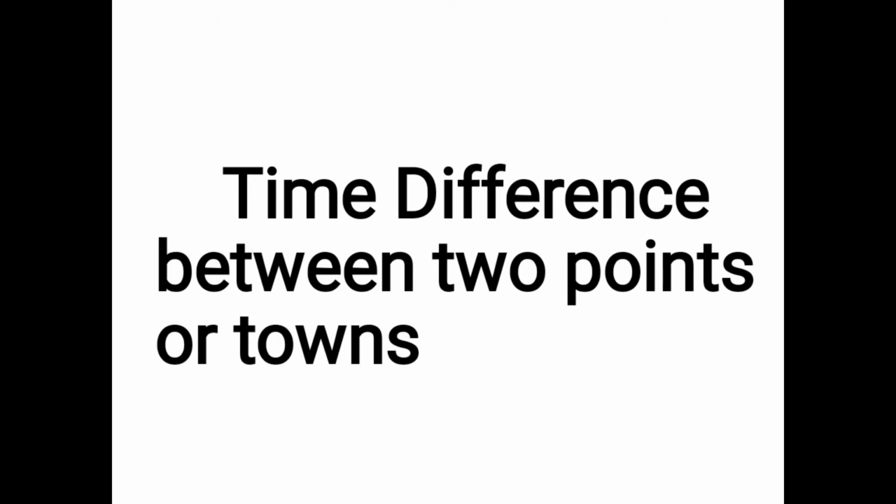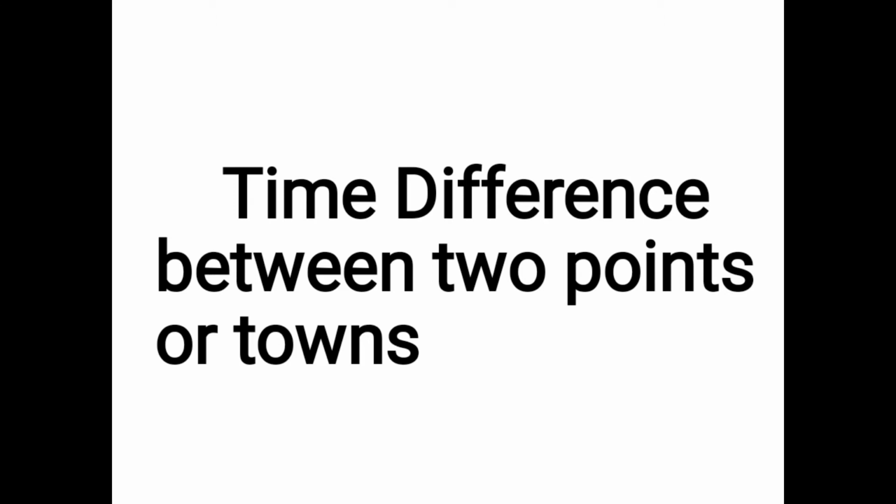And finally, we're going to look at the last aspect, time differences between 2 points or towns on the Earth's surface. So basically here we're going to learn a skill that can enable us to identify the differences in time between towns. Let's assume that today it's exactly 7 hours right now.